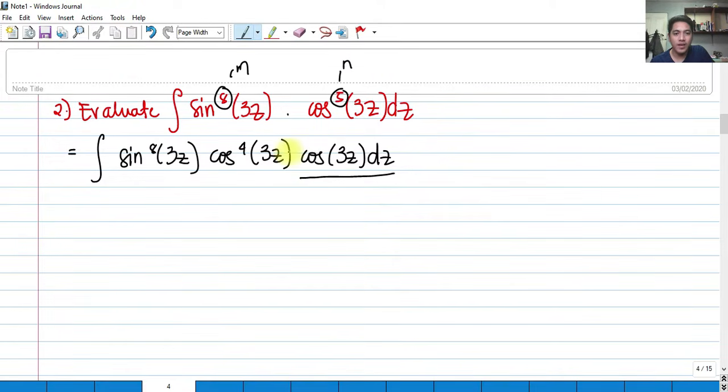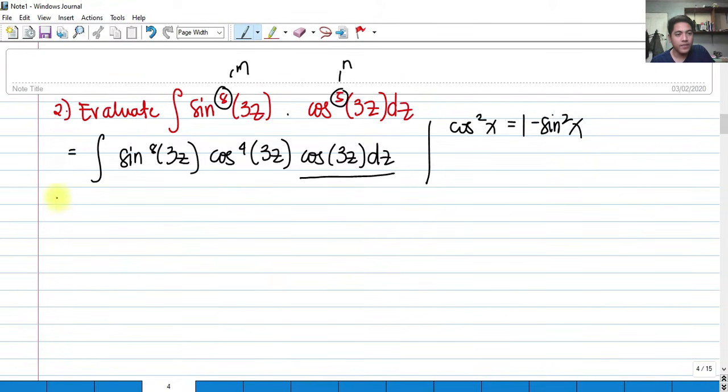My u must be in terms of sine. Nothing to do with this one, but I'm going to transform this into sine by using the identity that cosine squared x is equal to 1 minus sine squared x.